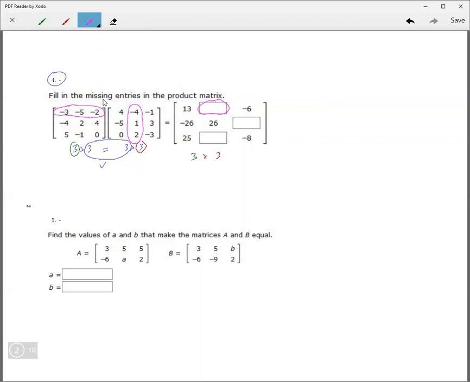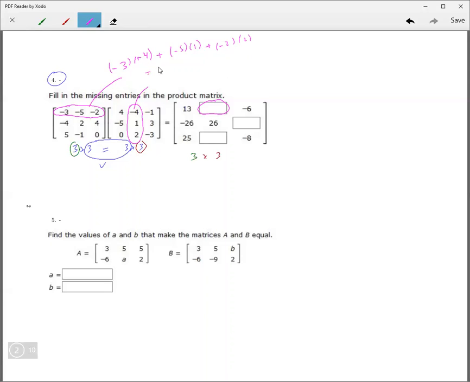And what you do is you multiply the corresponding entries. So this one times this one. Okay, the first entry. The second entry is in this one with the second entry here. And the third entry here, with the third entry there.